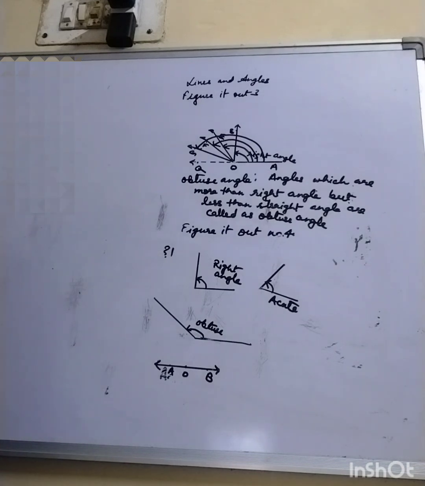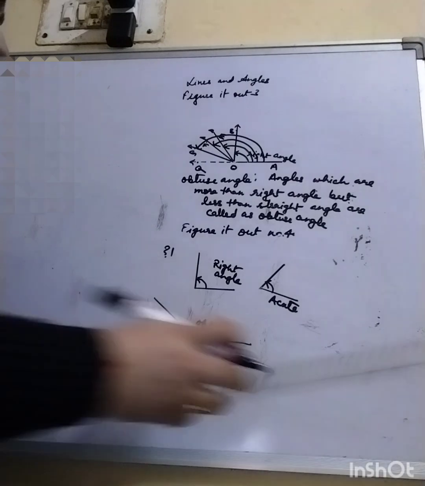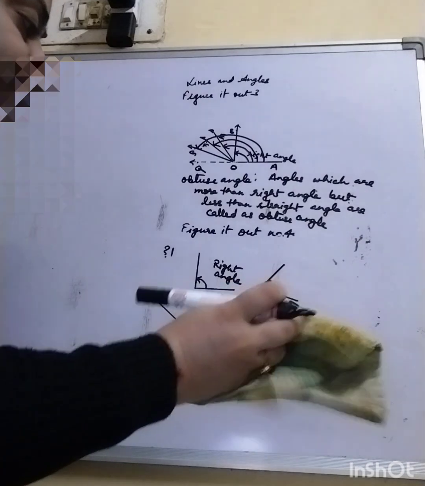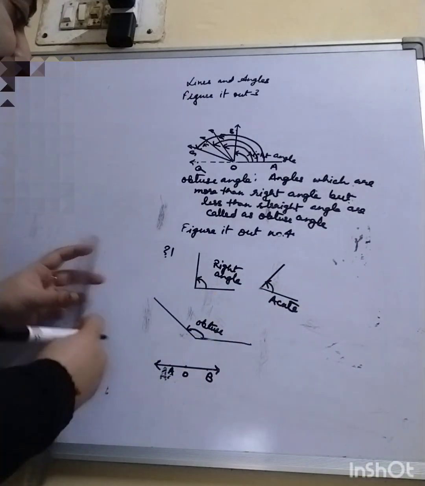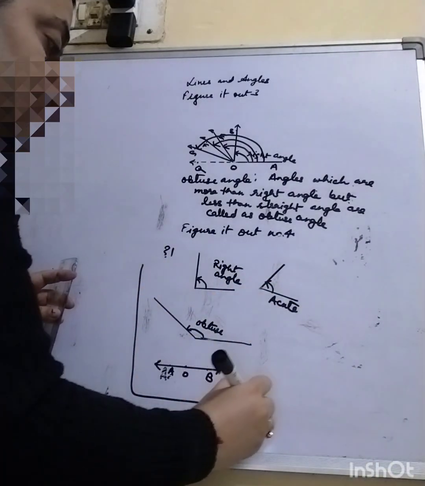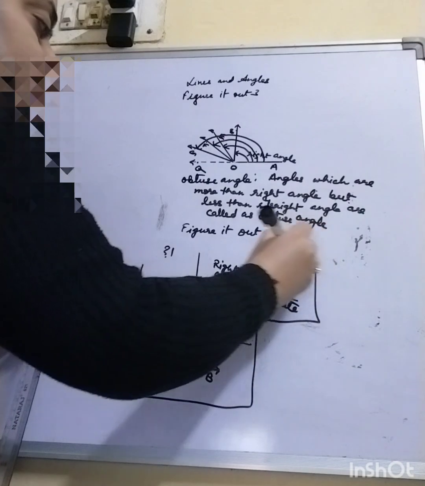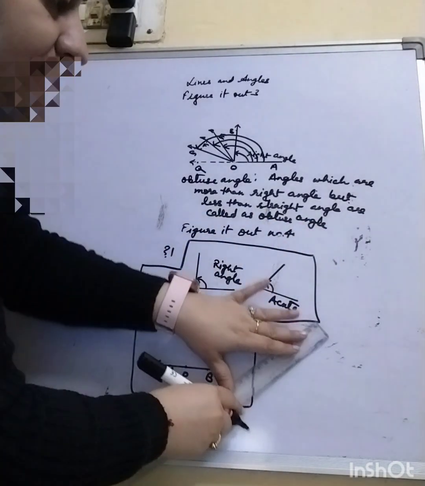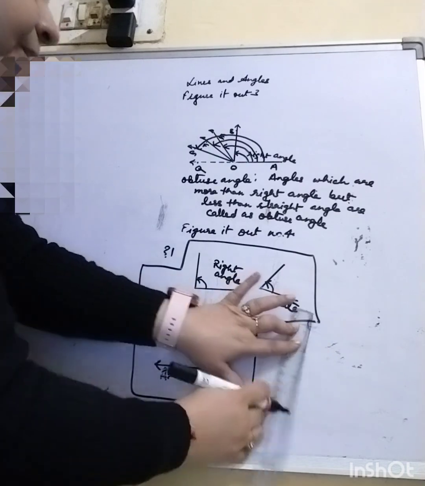So let's see box 1. The first angle seems to be like this. So for reference, I have given you these figures. First angle is like this.